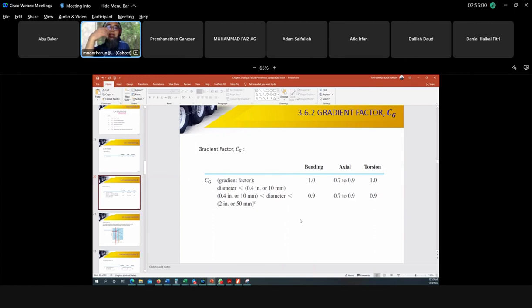Sebab after Hari Raya, you have test. According to the schedules, immediately after Hari Raya, you have test 1. So test 1 will cover static, fatigue, and gears. Just 3 topics covered.